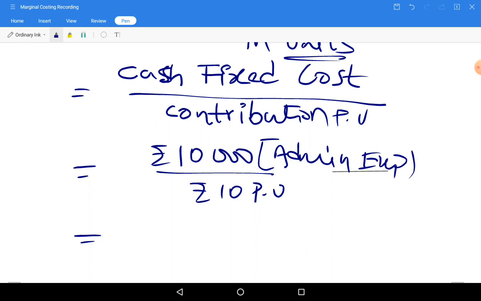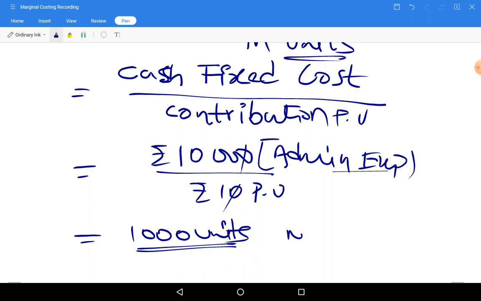So you will get units, 10 and 10 cancel. 1000 units. It is appearing a little bit slow. 1000 units. Okay, this will be your answer.